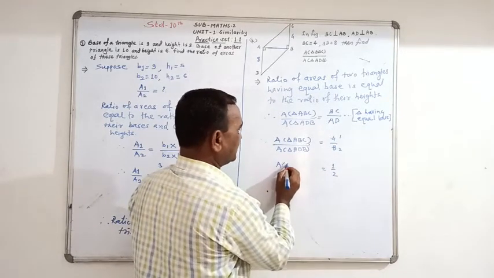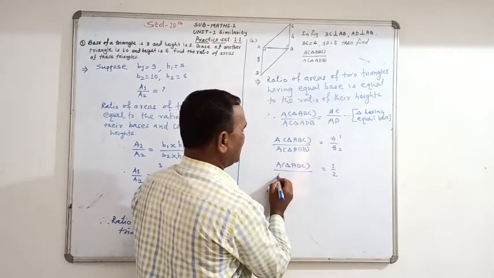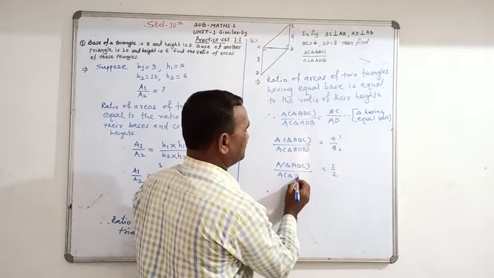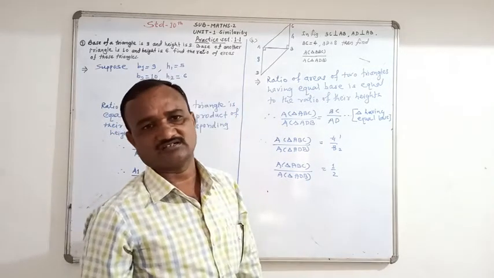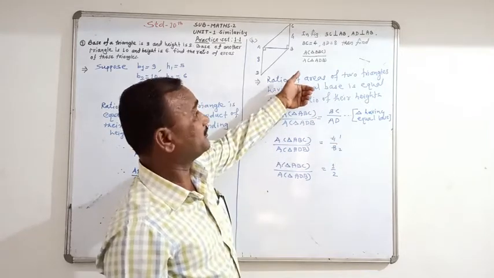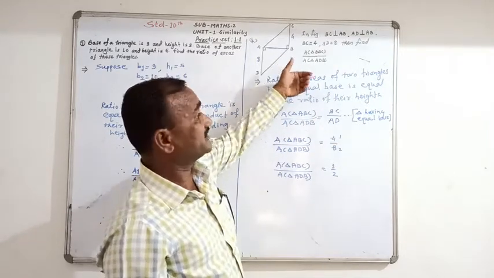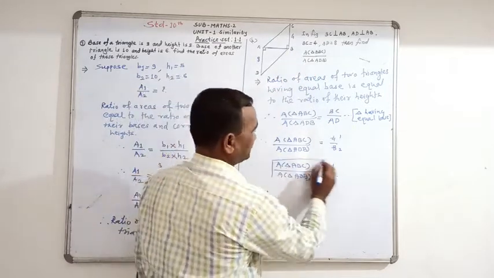So area of triangle ABC divided by area of triangle ADB is equal to 1 upon 2. This is the answer of the second question. The second question we can solve by using the second property, that is, the ratio of areas of two triangles having equal base.